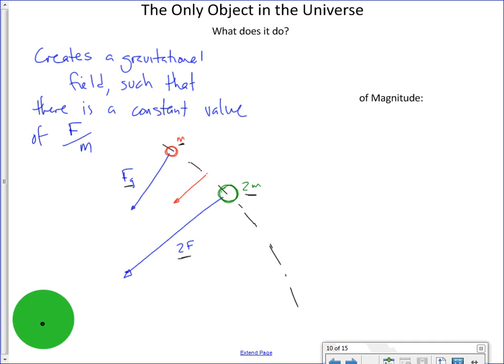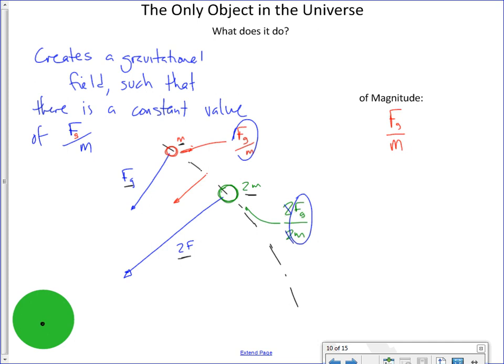Case 1 is for this one, right? Well, force per unit mass is Fg over m, right? For this one, force 2F per unit, well, per mass. Well, yeah, look, same thing. So I should put the g here, gravitational force per unit mass. So that, by definition, is what gravitational field is. So it's of magnitude Fg over m.